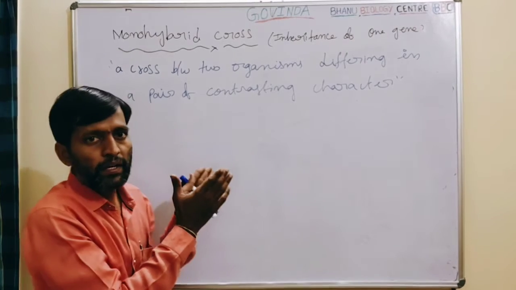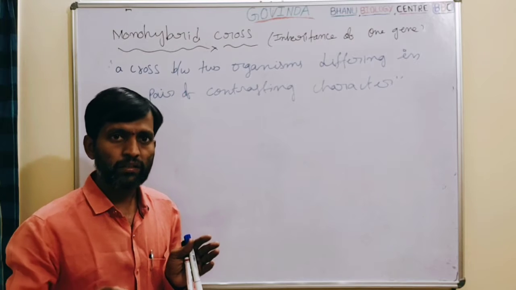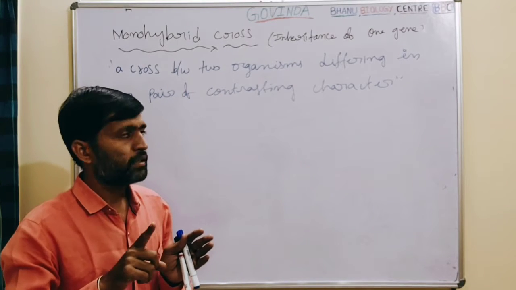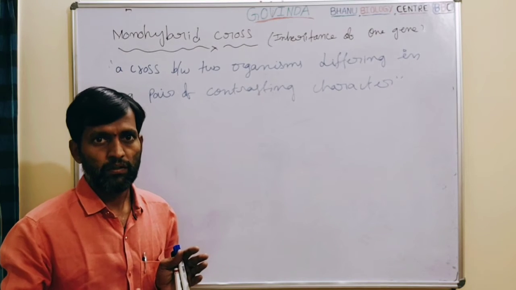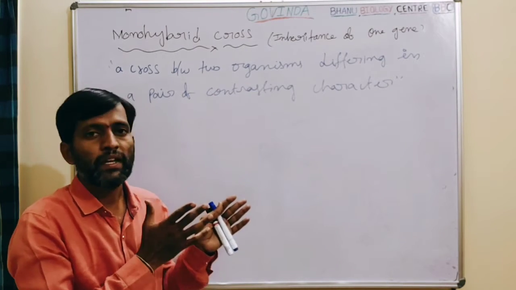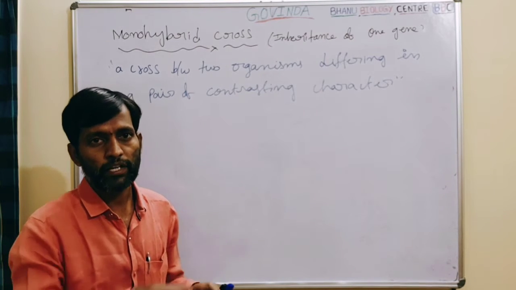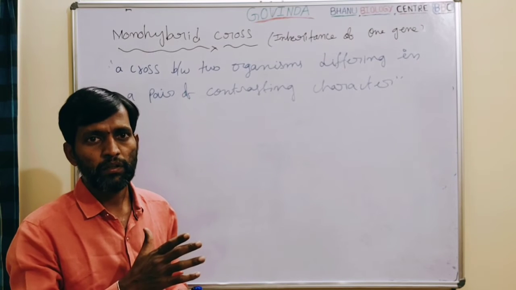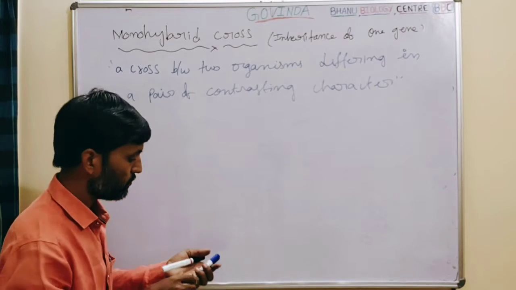For the monohybrid experiment, Mendel considered only one character, which has two opposing traits. I will take stem height as the example for explaining the monohybrid cross. We can also perform the same cross with the other characters.